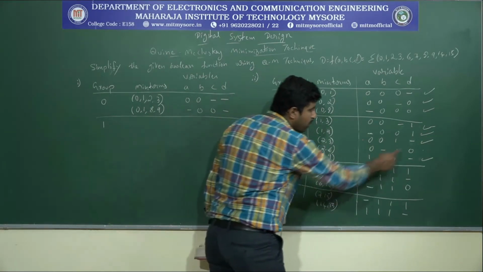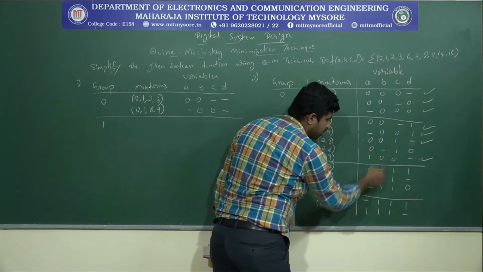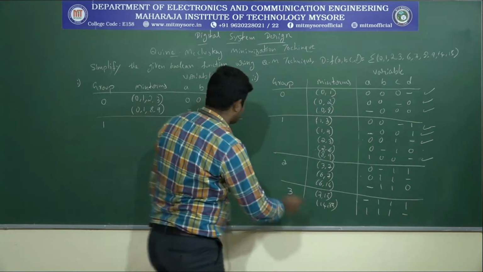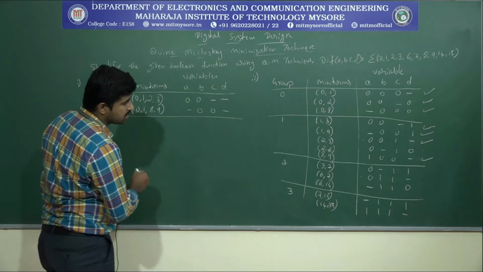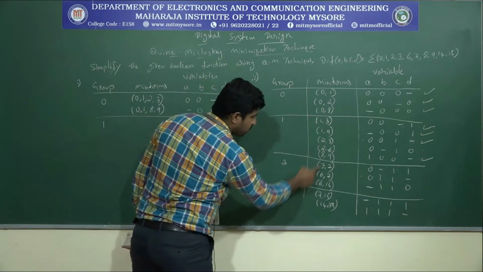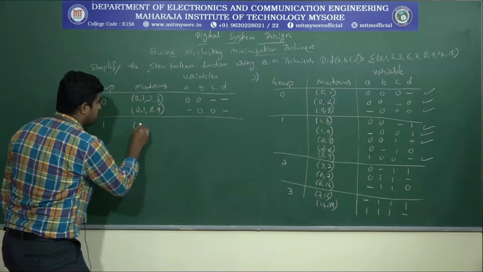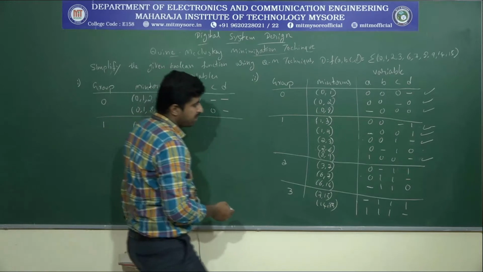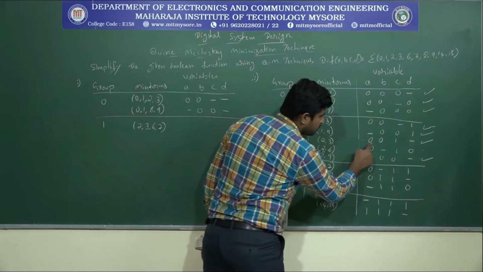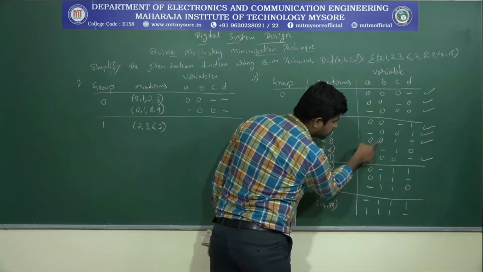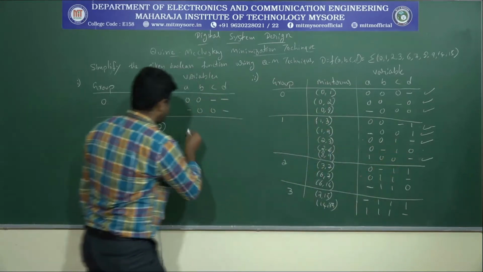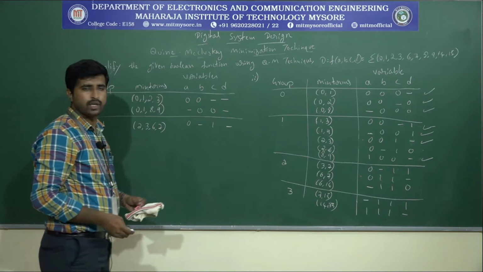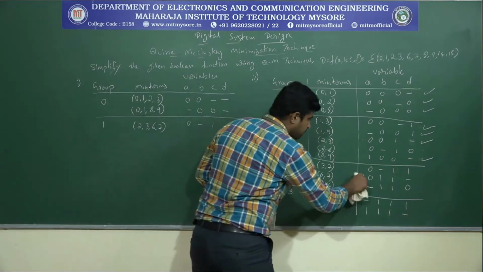Only one variable has changed and the remaining variables stay the same, so we can make a group: 2, 3, 6, 7, with the variables 0, dash, 1, dash. Okay.